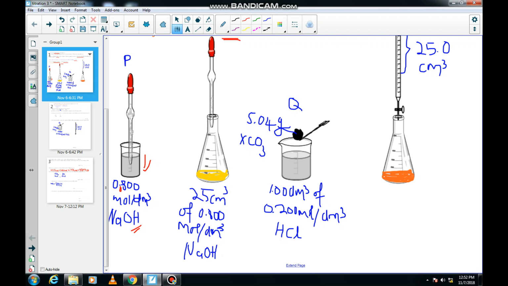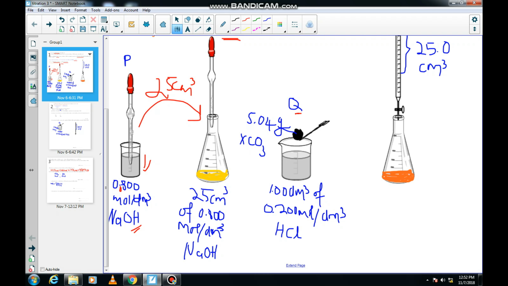This solution is obtained by a pipette, 25 cubic centimeters. This is 25 cubic centimeters transferred onto a conical flask by a pipette. This is the solution that will be titrated with hydrochloric acid.